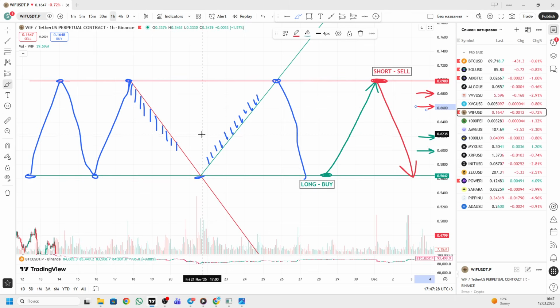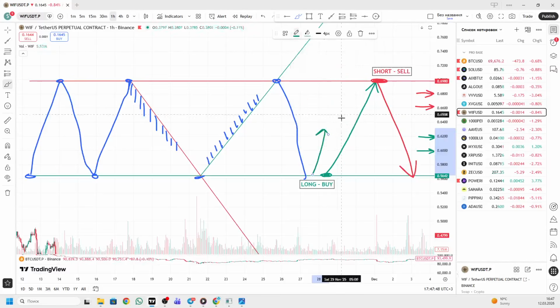Okay? Now one more thing. These are the places where you will set your take profit. Let's repeat it once again. You bought a long here, for example, and you sold it here. You start going up. You're going up. So you bought it here and you sell it here.